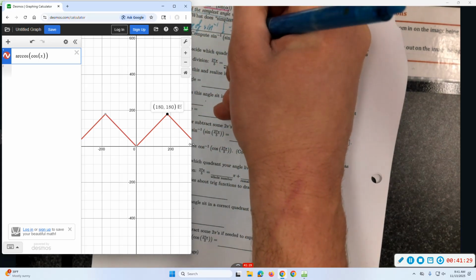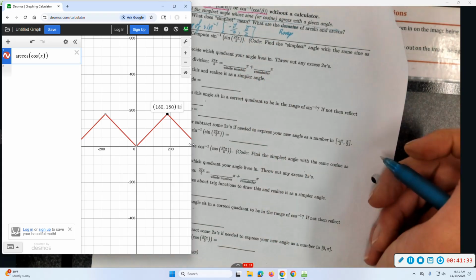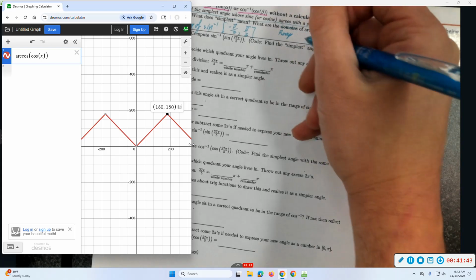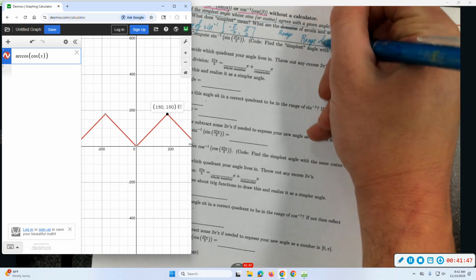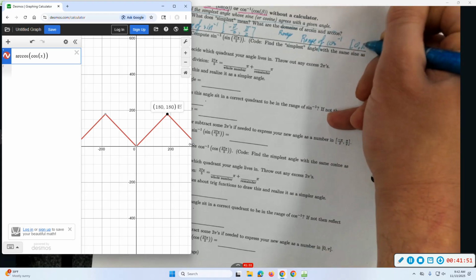Negative pi over 2 to pi over 2. You'll notice maybe that I've been saying this question, what's the range of the inverse trig function, an awful lot today. I suppose that's because I think that idea is important. What about the range of inverse cosine? 0 to pi.